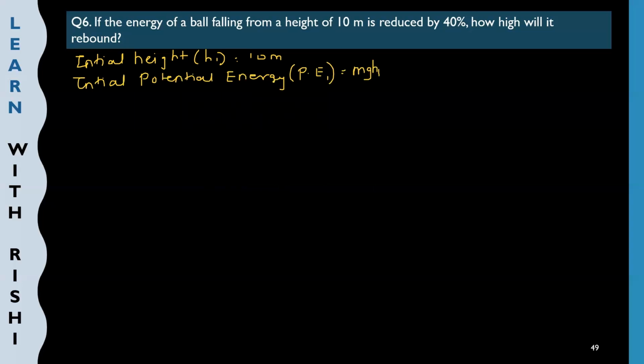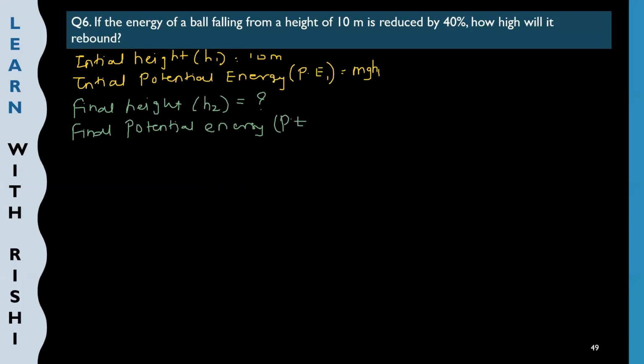Next, the final height, that is h2, that we have to find when the energy is reduced by 40%. And the final potential energy, that is potential energy 2, is equal to mgh2. So my initial potential energy is mgh1 and the final potential energy is mgh2. And we have to find here h2.